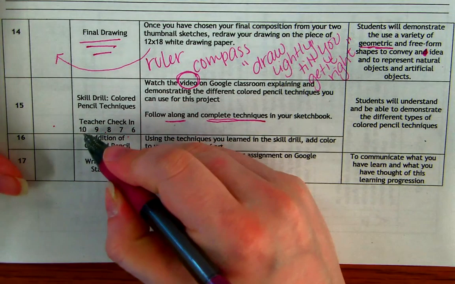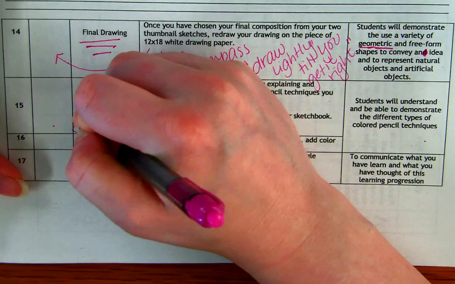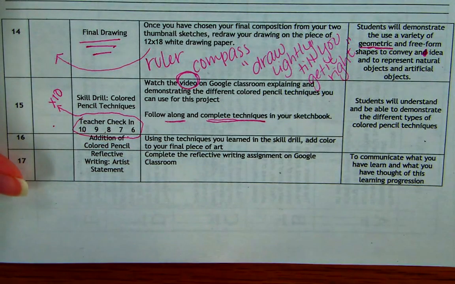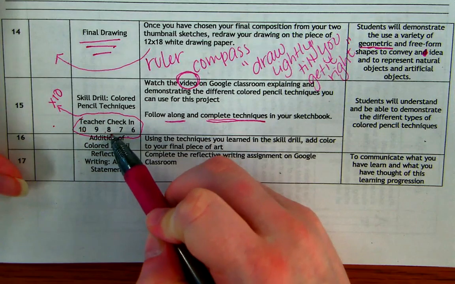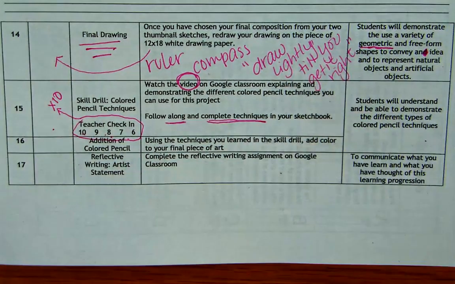Again, if you times any of these numbers by 10, that will be your overall score. So if you got an 8, 8 times 10 is an 80. A 9 times 10 is a 90. That would be your score in School Max.